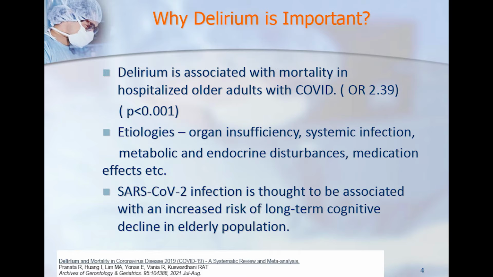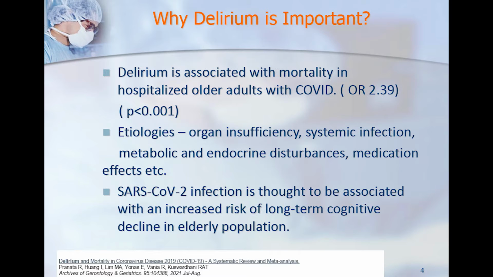Again, COVID infection is thought to be associated with an increased risk of long-term cognitive decline in the elderly population. We only have early data, because COVID started basically in 2020, so we don't have a long-term study to validate that concept.